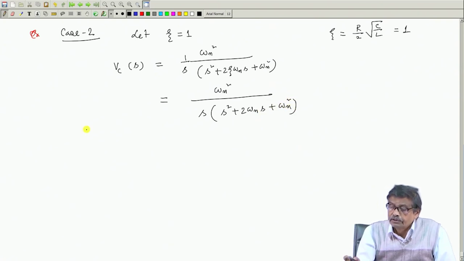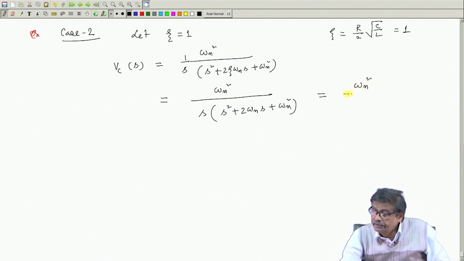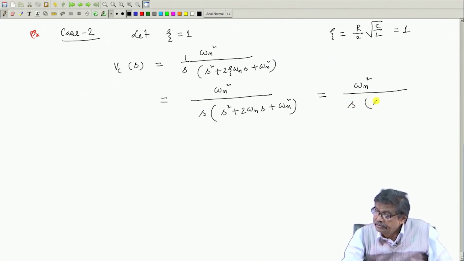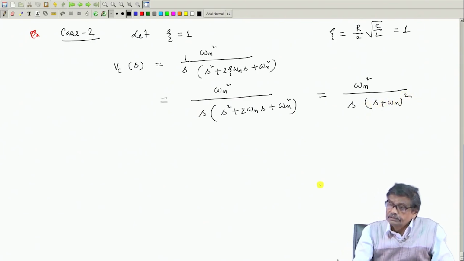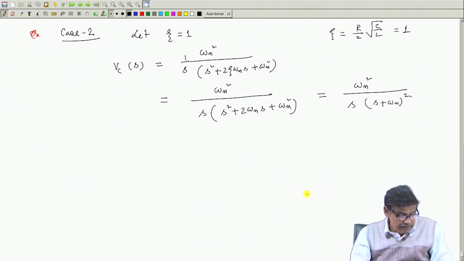Put zeta equal to 1, and this is a perfect square. So, this can be written as omega n square divided by s into s plus omega n whole square. This will be a perfect square situation.